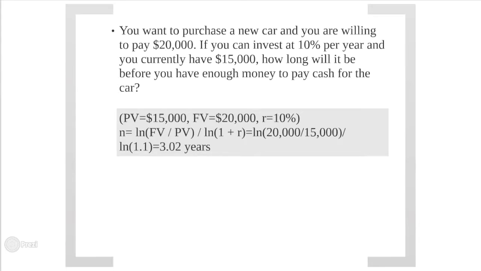Now we have to compute the time. So n equals ln of FV divided by PV, divided by ln of 1 plus r. So equals ln of 20,000 divided by 15,000, divided by ln 1.1, and the answer is 3.02 years.